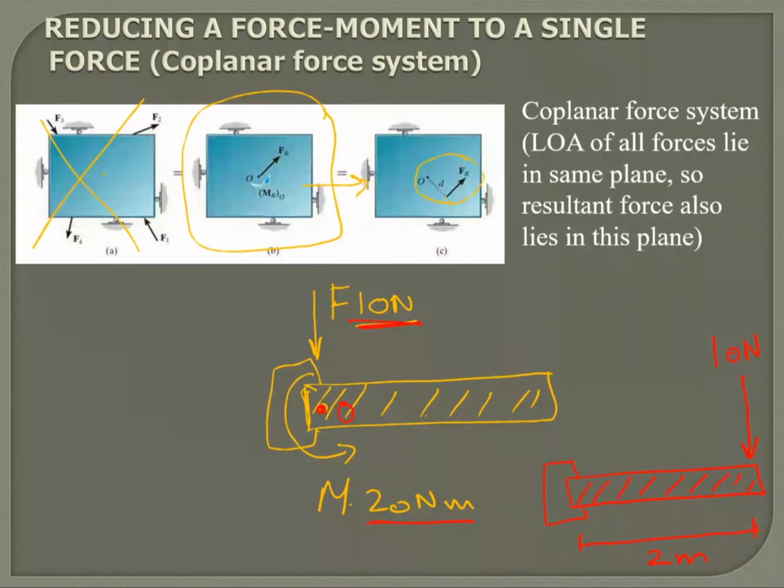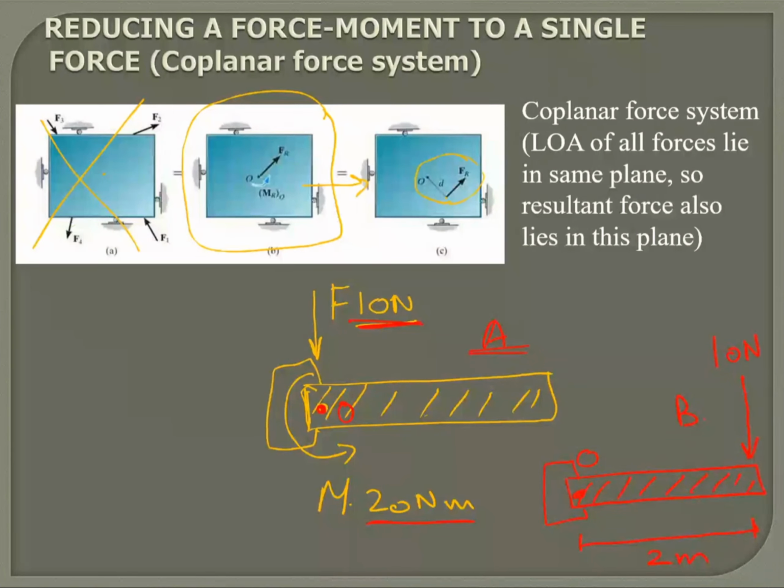Is there any difference between the A and B scenarios? That's the point O. Let's look at object A. Let's do the sum of all the forces in the vertical direction.